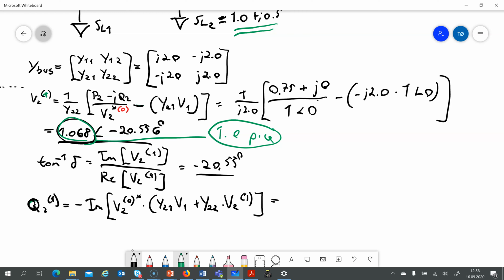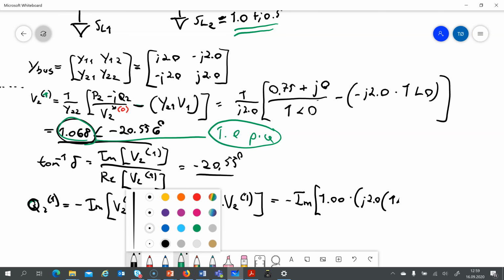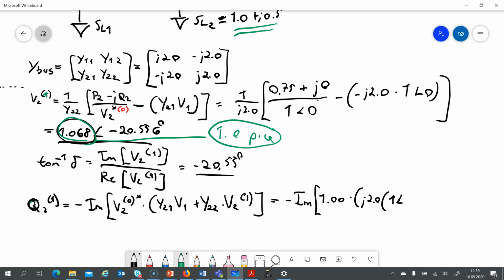This becomes minus, sorry, let me do that again, 1 angle, now it becomes right, I think, minus j2.0, times 1.